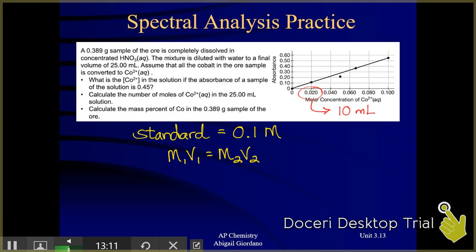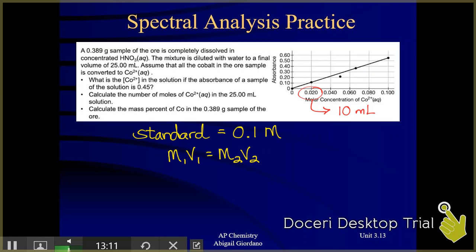All right, you would use this equation, M1V1 equals M2V2. Think of one side of the equation as your standard solution and the other side as the more diluted solution. Think of it as almost like a before and after. Concentrated on one side, dilute on the other side.